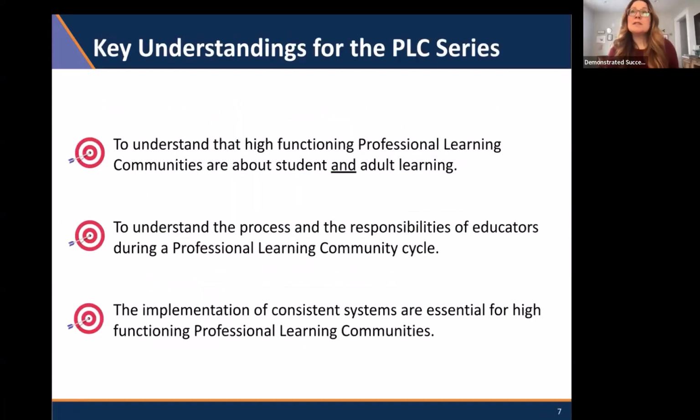For this whole PLC series, we've had some general understandings that we wanted to make sure everybody is ensuring knowledge of and being able to apply into their particular school or district settings. First and foremost is talking about the fact that professional learning communities are not just about what students are learning, but it's also about us learning as adults and educators, and the work that we put in looking at data and talking with our colleagues about best practices.